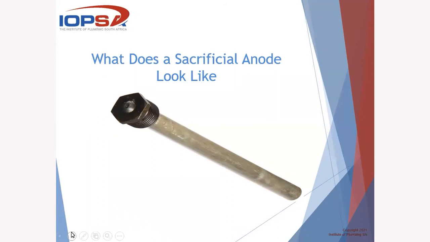replaced. If you do get something like that, all you do is, whichever area you live in, send an email with the Geyser details, the client's details, contact details, etc., to the Electrolux service department, and they will go and replace those anodes.